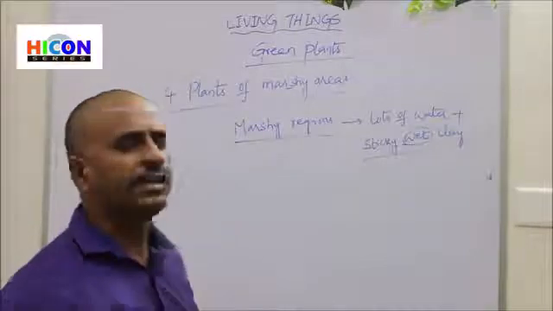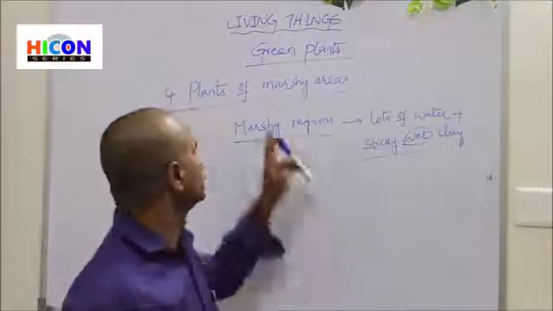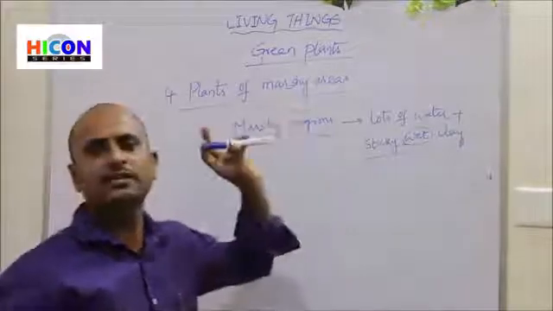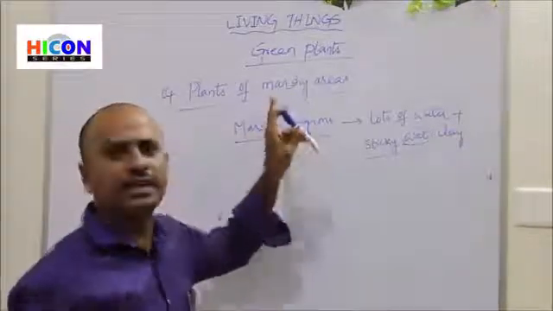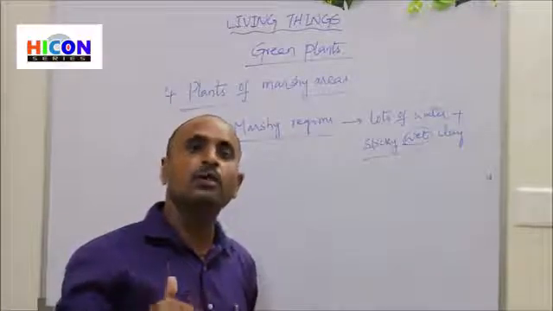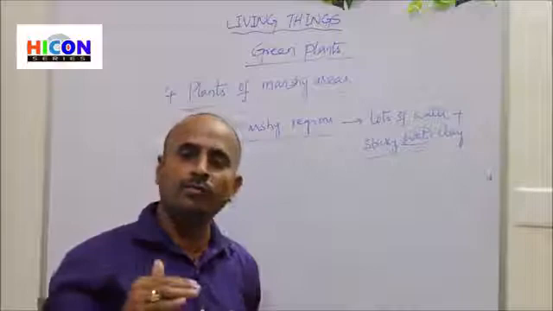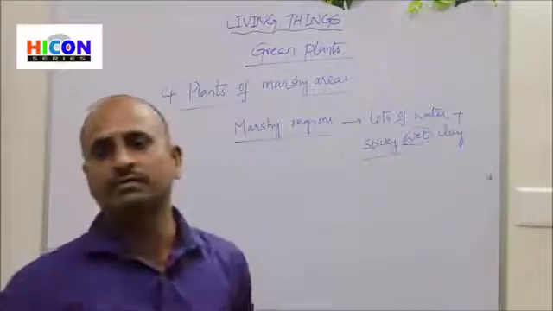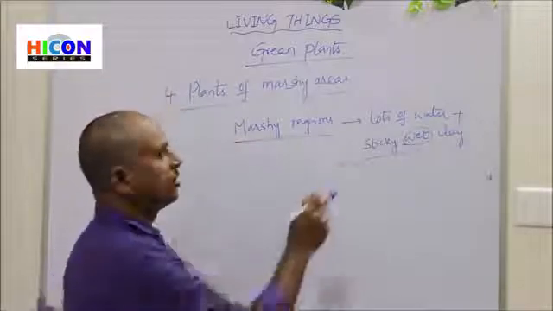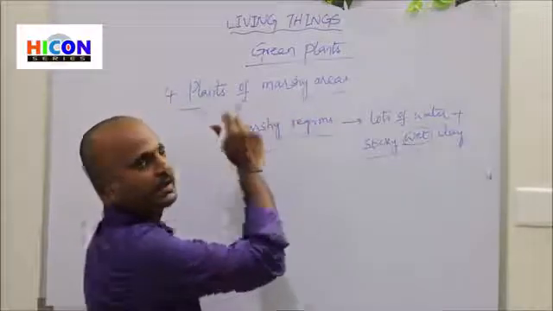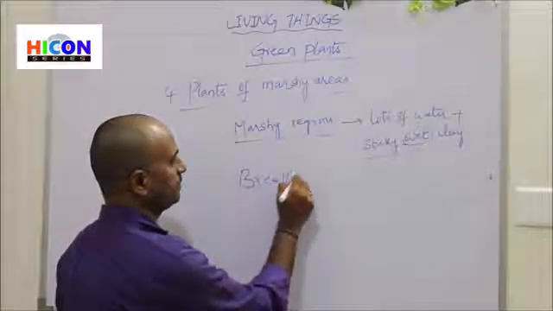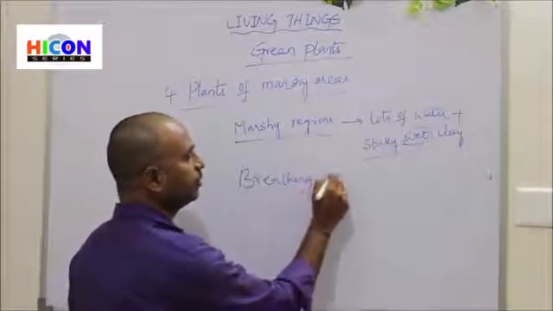So that's why the roots of the plants growing in marshy areas will come out of the soil and out of the water level for breathing. So that's why the roots of these plants are called breathing roots.